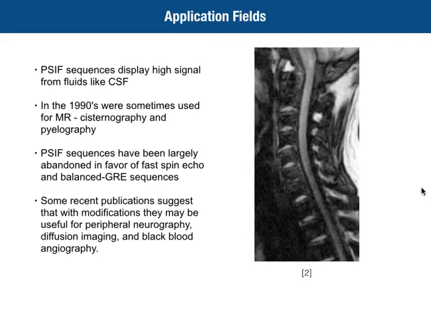However, today PSIF is not a commonly used pulse sequence because of fast spin echo and balanced GRE sequences. Some recent publications suggested that with modifications, they may be useful for peripheral neurography, diffusion imaging, and also black blood angiography. So these are the possible application fields.